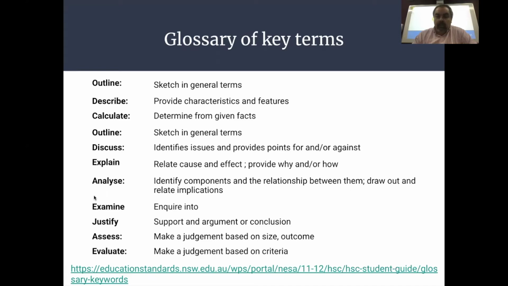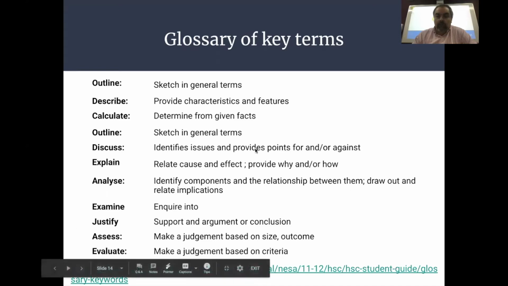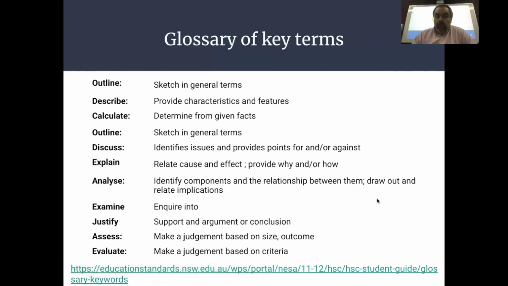So let's move on to some higher order verbs or directive terms. One of the things you'll notice in allocation of marks is that the lower order terms or verbs tend to have a lower weighting of marks as opposed to the higher order verbs, which typically are used in essay and 20-mark questions.